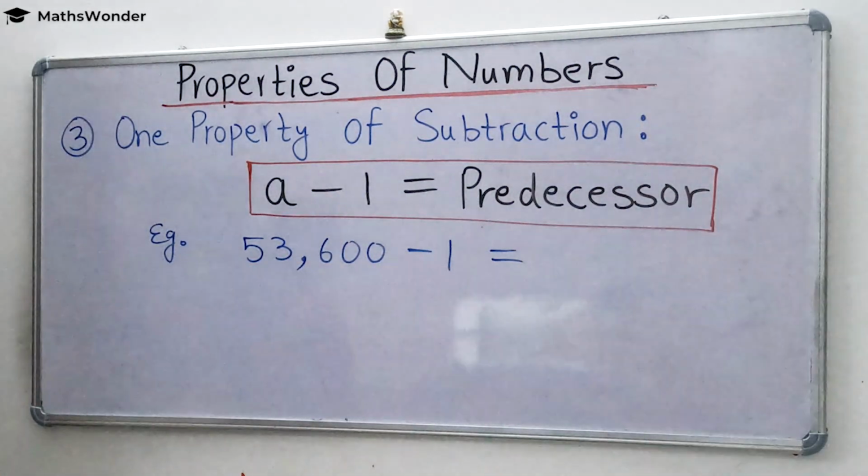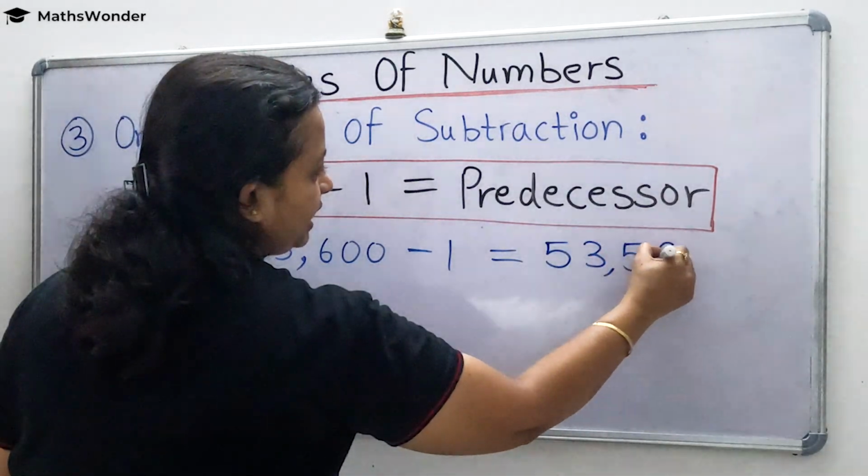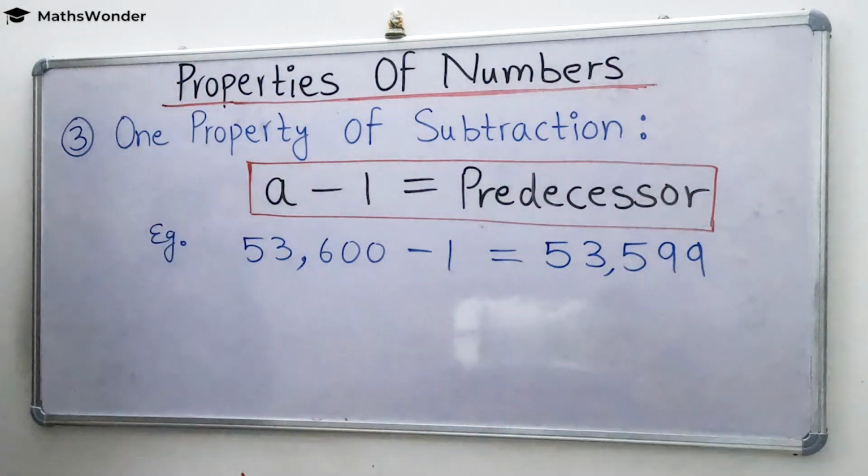When 1 is subtracted from a given number, we get a predecessor as the answer. So what will we get? 53,599. So 53,599 is the predecessor of 53,600.